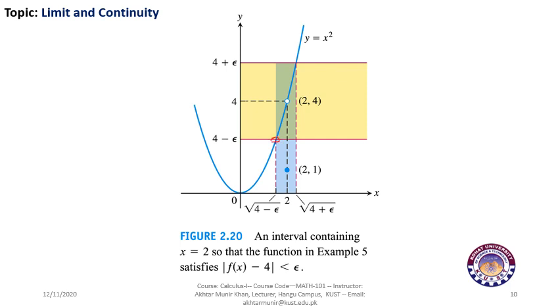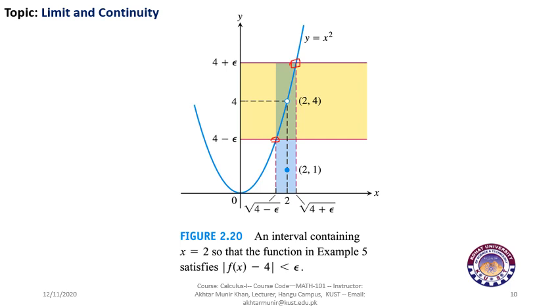Similarly, 4 plus epsilon is intersecting the function at this point. So we will directly draw a vertical projection to the x-axis, and similarly from this point we will draw a vertical projection, and the minimum of the distances between these two projected values and 2 will be the corresponding value of delta. That value can be used as the delta in the epsilon-delta definition.